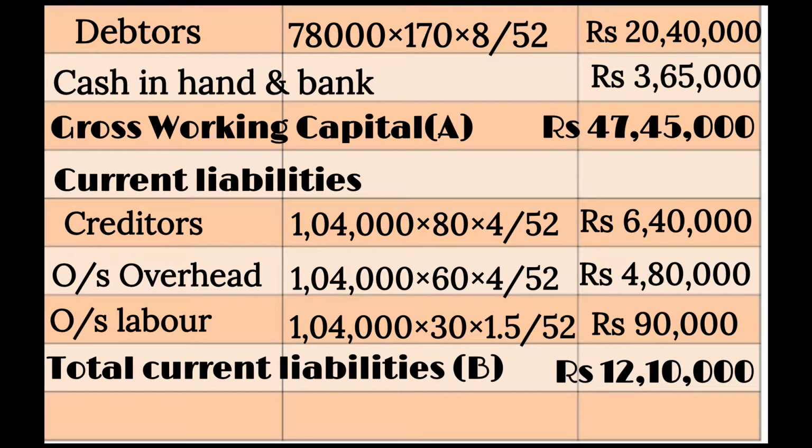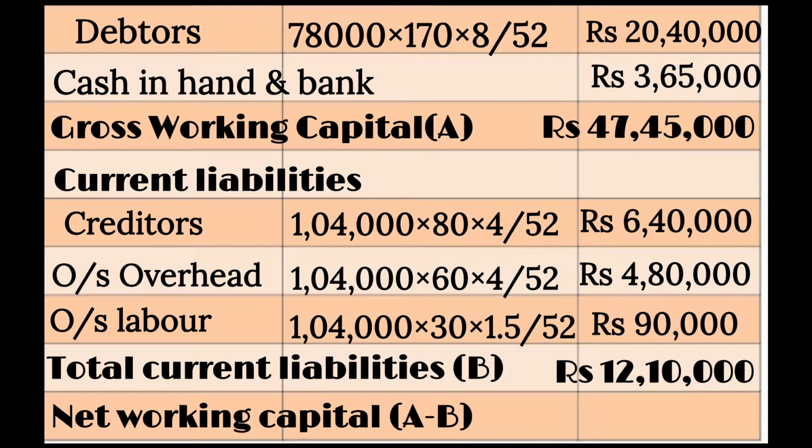Now we have calculated the total of current assets, that is the gross working capital, and the total of current liabilities. So we can calculate the net working capital requirement, that is current assets minus current liabilities, A minus B, that is 47,45,000 minus 12,10,000.